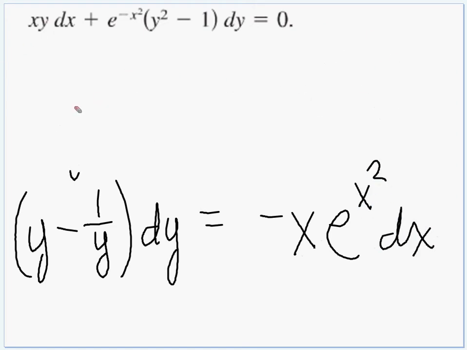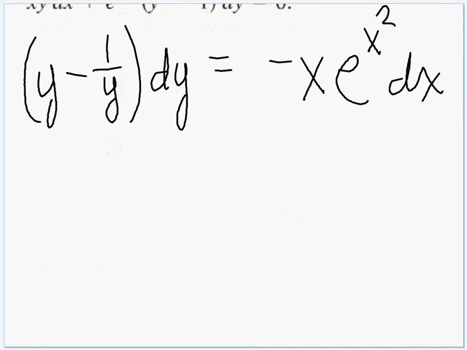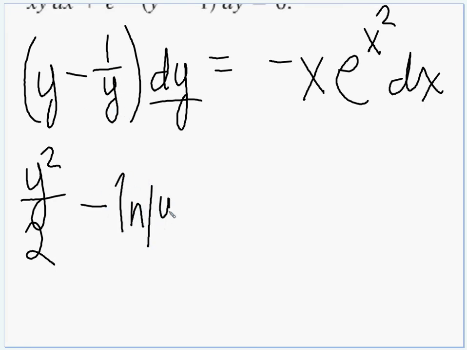So on the left, we can just antiderive each piece separately. With respect to y, y to the first becomes y squared over 2. And then minus 1 over y, well, that's natural log form, the natural log of y. And that's equal to, I should have had an integral sign there. Let's see on this one, e to the u.